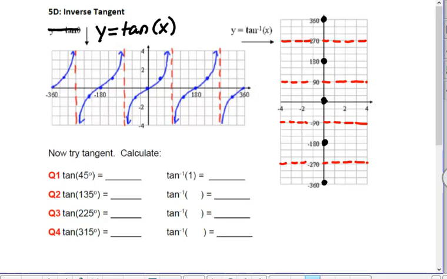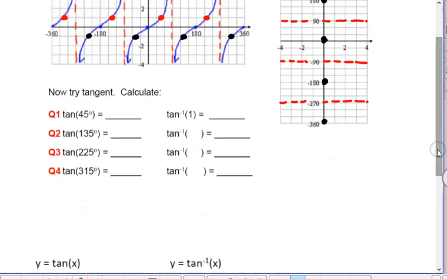So you'll see that we have places where tangent equals positive 1 and places where tangent equals negative 1. And those are all at 45-degree angles. Because if we think about our tangent values, remember, if you have a 45, 45, 90 triangle, the opposite and adjacent sides will both be 1.